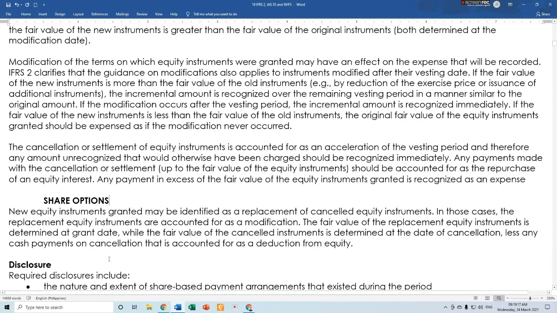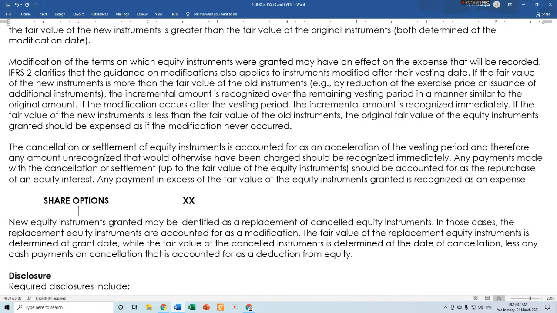Ayun o. Basang sabi doon, any payments made up to the fair value will be accounted for as the repurchase, thus any excess will be recorded as expense. So, share options tayo, kunyari dito, di ba credit kasi yun kapag nag-recognize ka. Bayad kang cash.